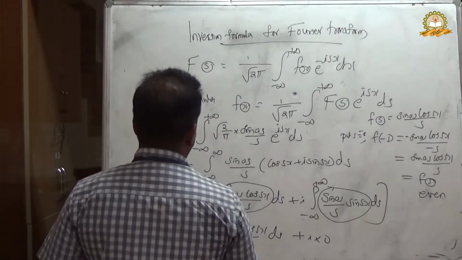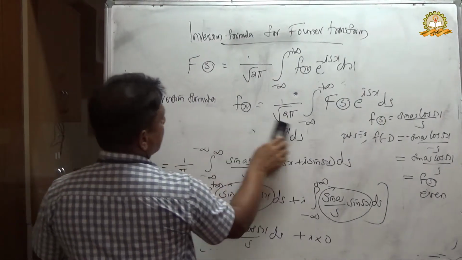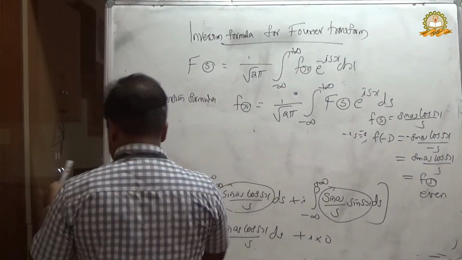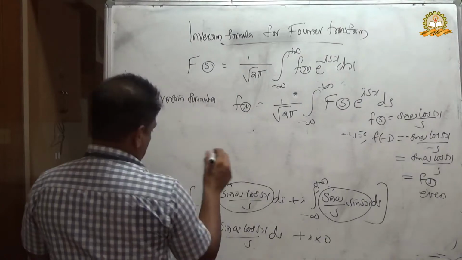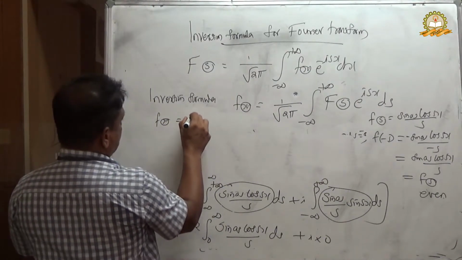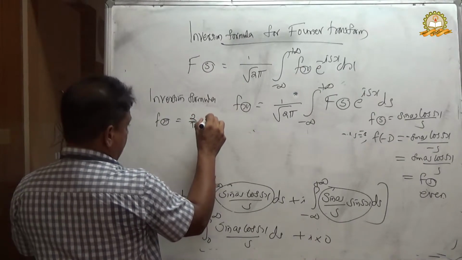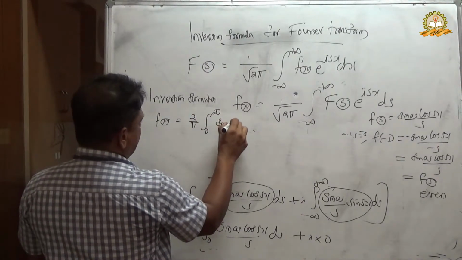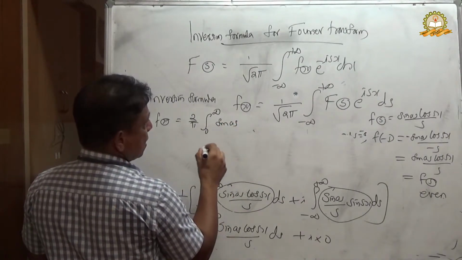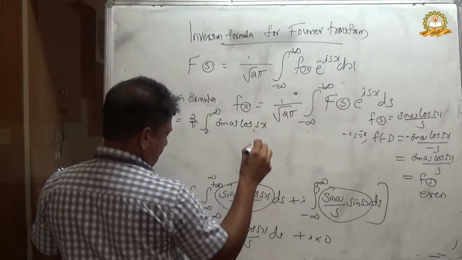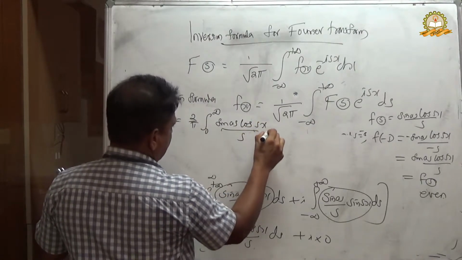Then the next step. f of x is equal to 2 by pi integral from 0 to infinity of sin as cos sx by s ds.